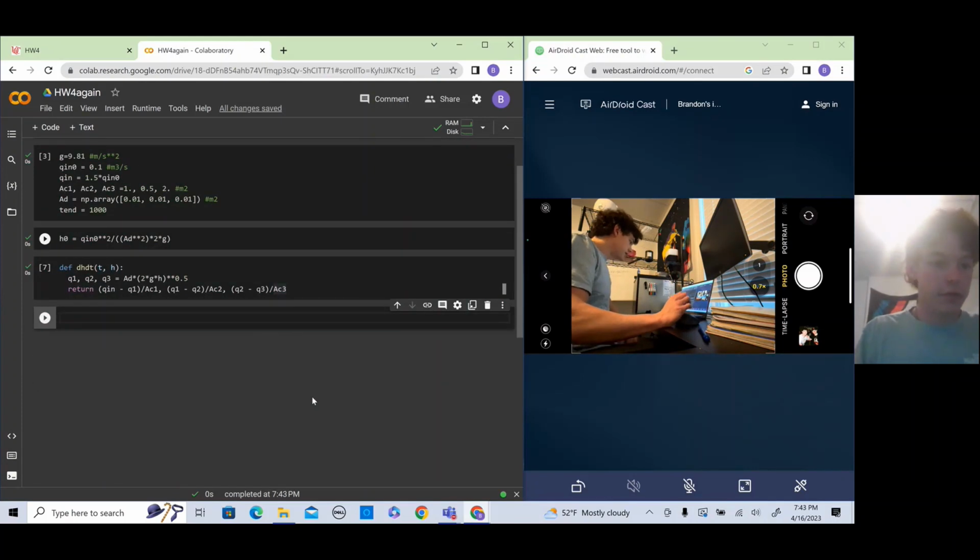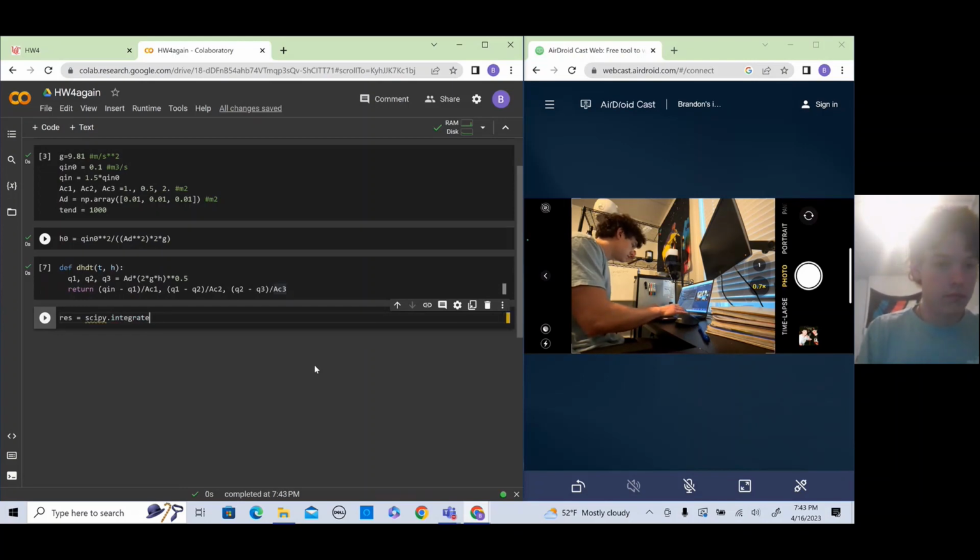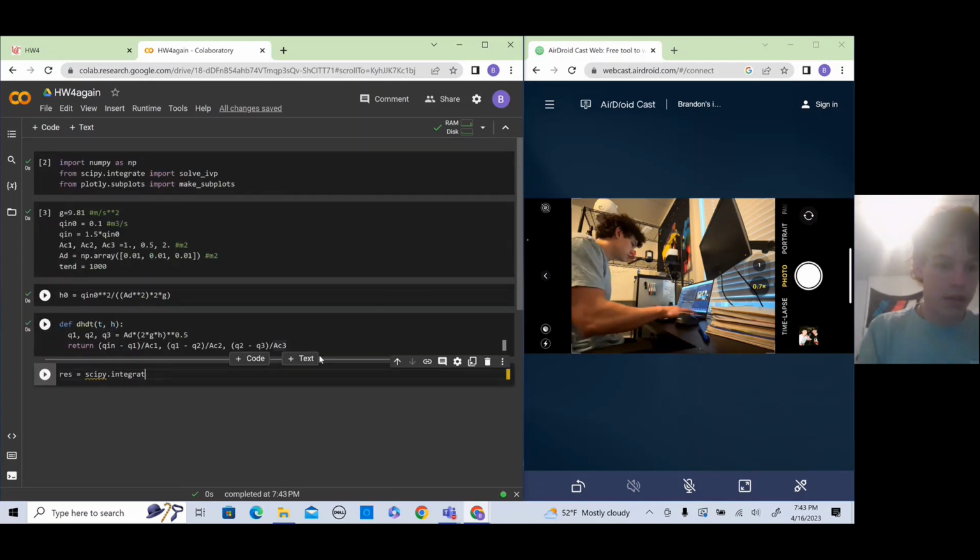So the next thing we'll need to do is solve for this function. So our result is scipy.integrate.solve_ivp.